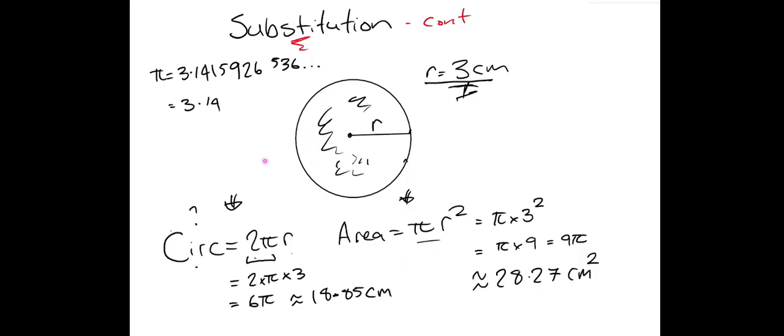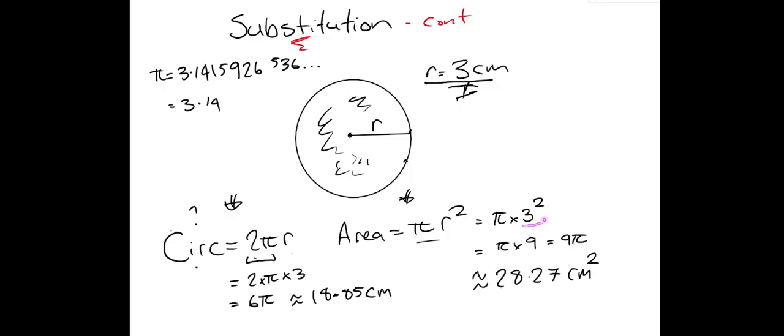So to find the circumference, 2 pi r, but we know that r is 3, so we substituted in the 3 there. We put it in the calculator, got that. To find the area, well, we know that the area is pi times r squared, but we know that r is 3.